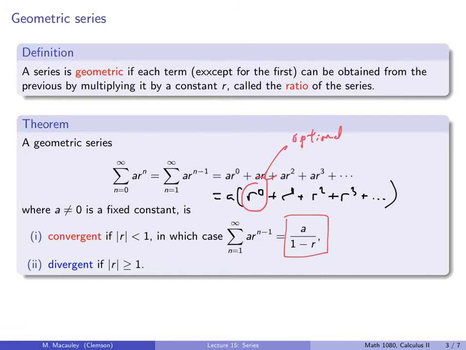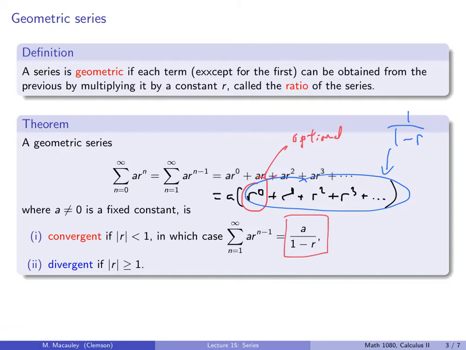That it converges to a over 1 minus r. So in other words, all the powers of r always are going to add up to 1 over 1 minus r. And that's going to hold if r is positive or if r is negative.